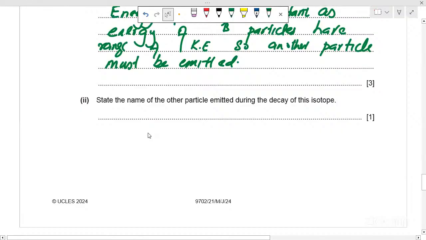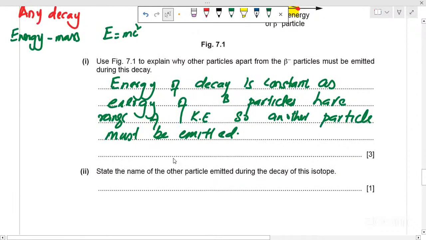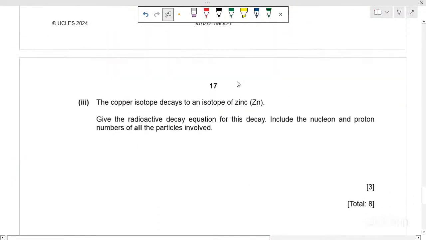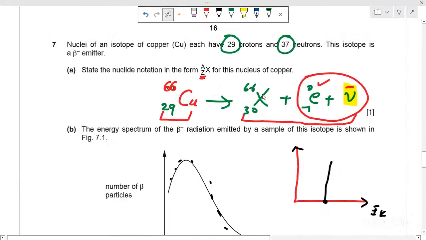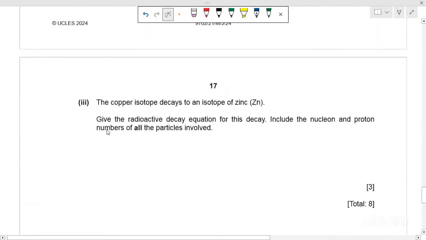State the name of other particles emitted during this reaction. I have mentioned one particle would be the beta electron, and this is the electron antineutrino. So you have to mention the electron antineutrino here. The copper isotope decays to an isotope of zinc. I just mentioned the zinc with X. Give the radioactive decay equation for this decay.